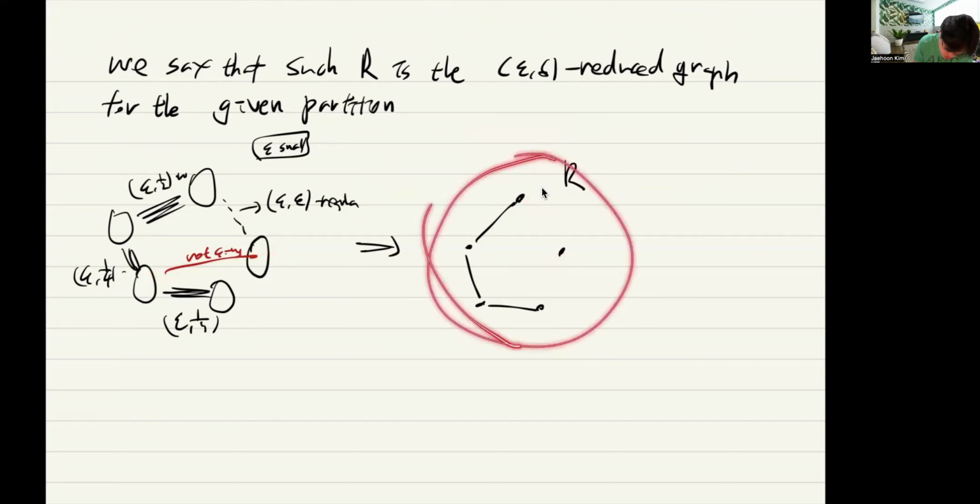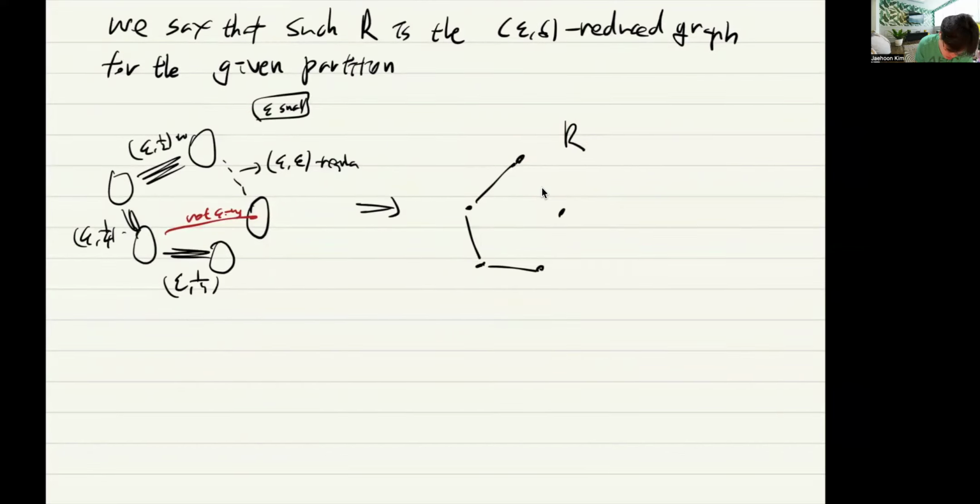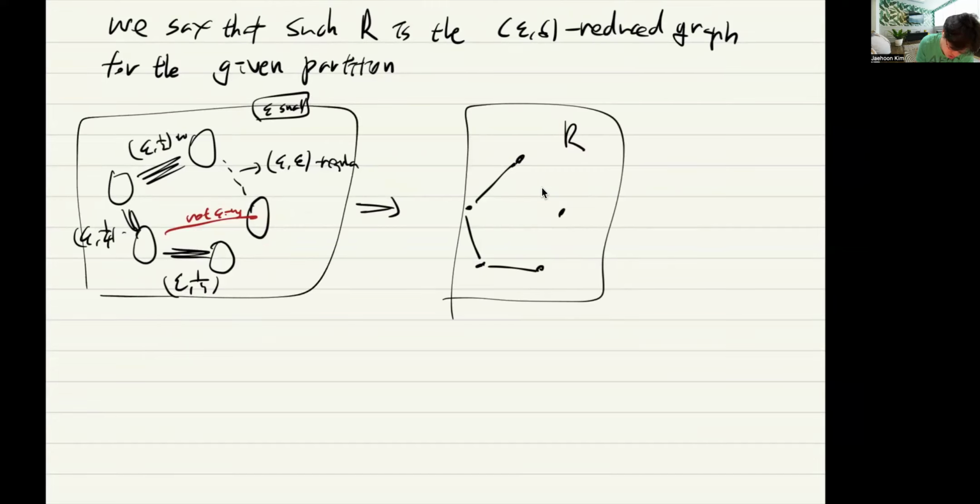Then this gives us information about your graph G, and how the asymptotic structure of G looks like. So most of the edges are in here, here, here, and it's losing only a small fraction of the edges.